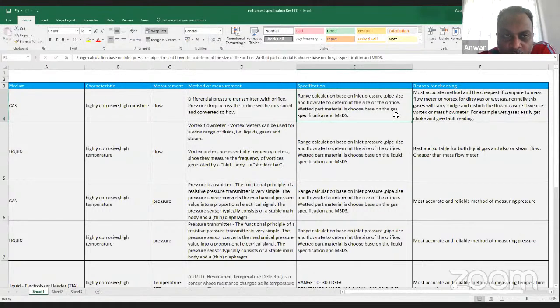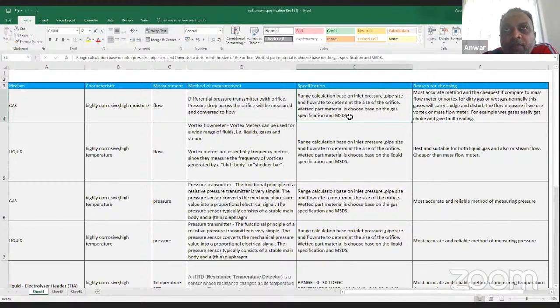Okay, so for chlorine, in our system in CCM, normally the material that we choose will be exotic material.